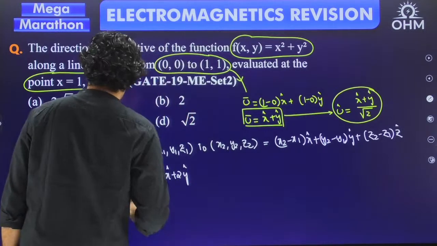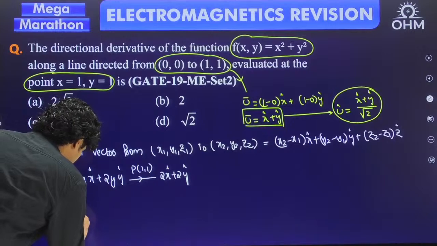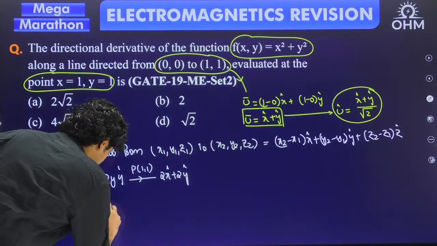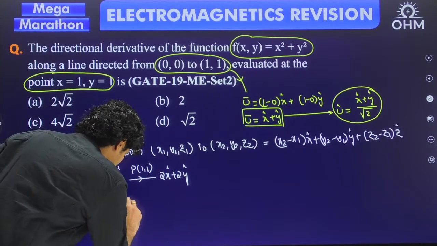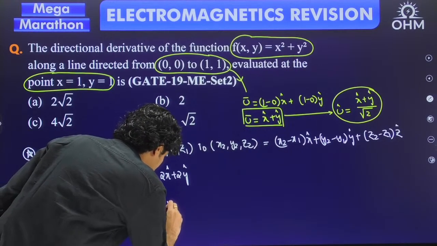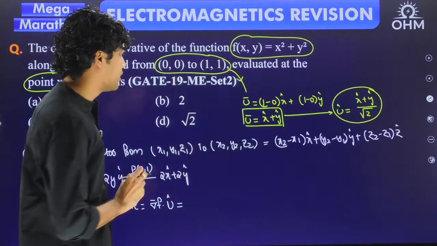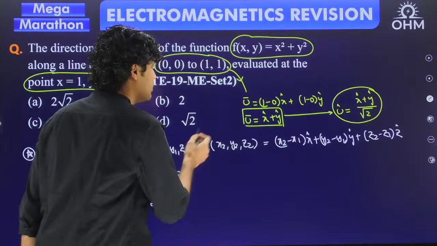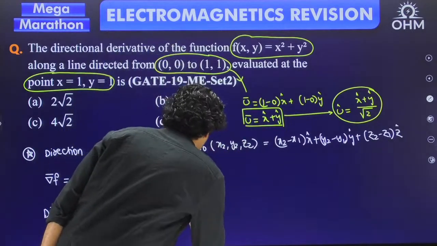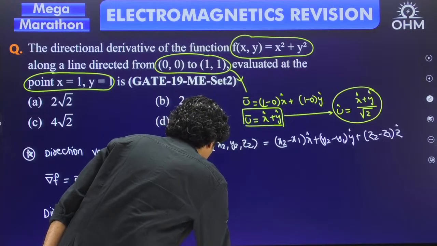And finally, what is the directional derivative? This is gradient of f dot u cap. And this becomes equal to, if you take the dot product of both, there we have x, y, here also x, y only, 2 into 1 is 2, 2 into 1 is 2, divided by the denominator root 2.